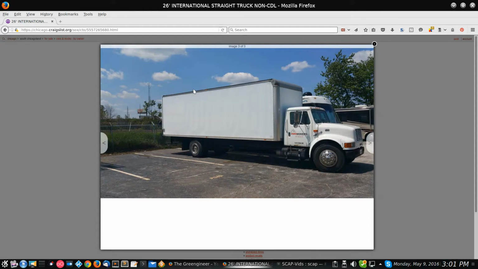But equally important is the back section here. In the back section, that's where I want to have my garage, utility area, shop even.